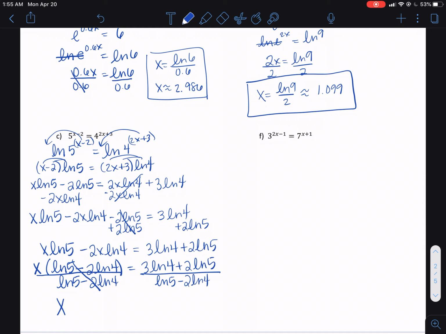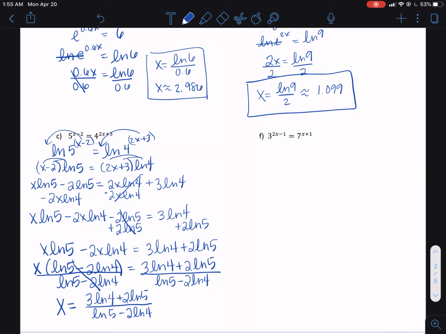So x equals 3 natural log of 4 plus 2 natural log of 5 over the natural log of 5 minus 2 natural log of 4.